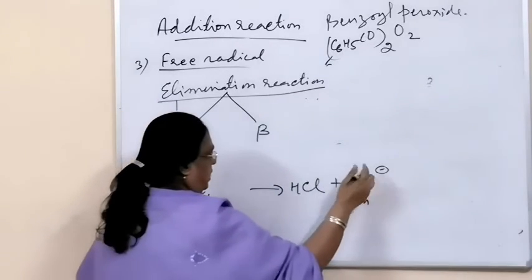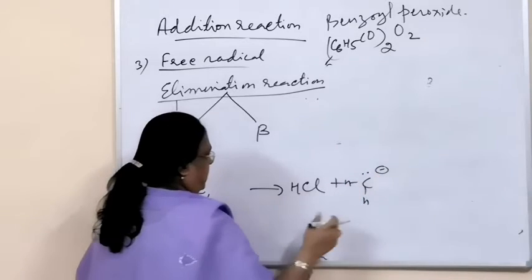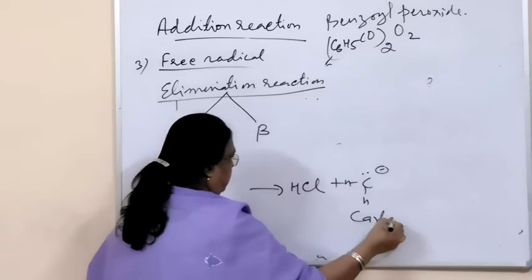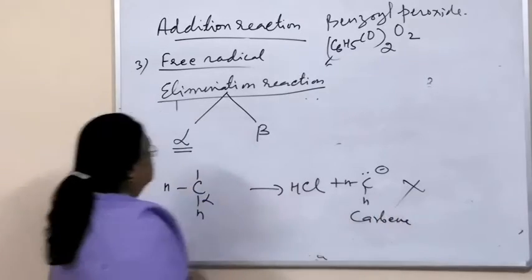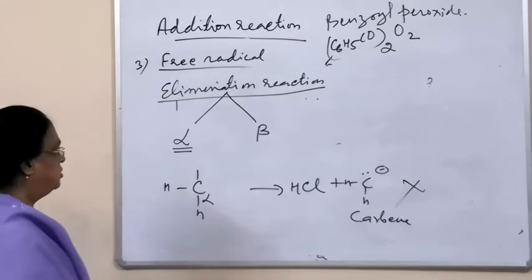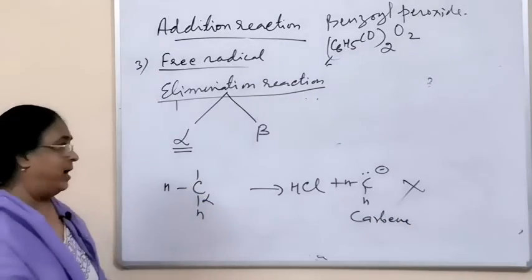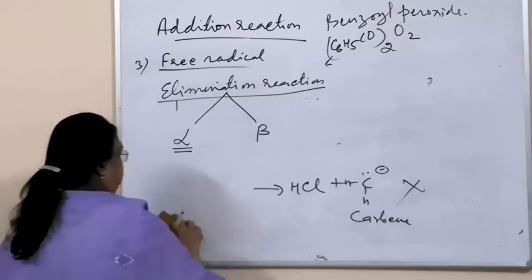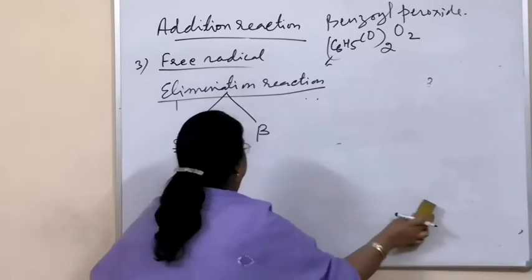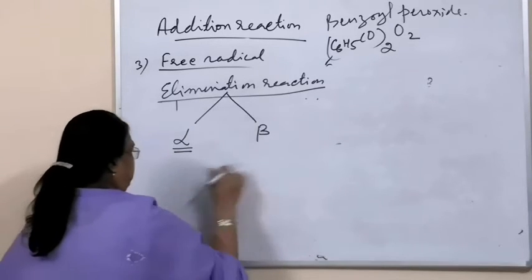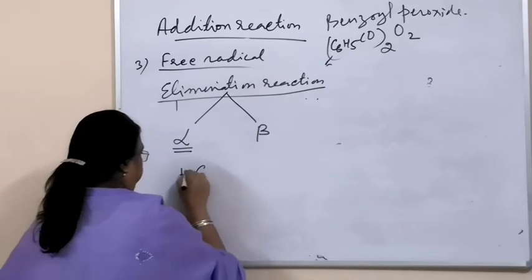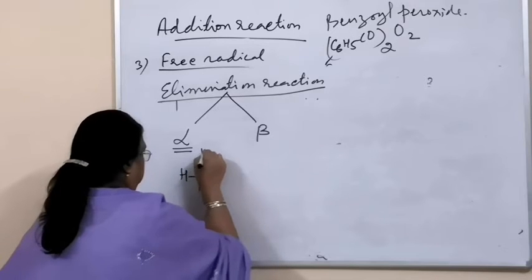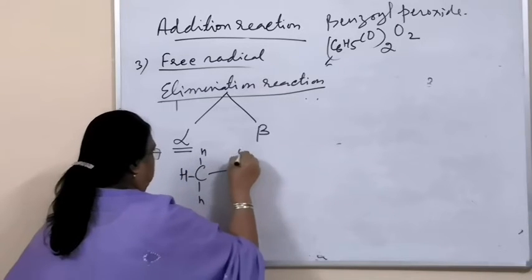That's why we show a lone pair and negative charge here. This is called carbene. This is not in your syllabus. Alpha elimination is not in your syllabus. It is very rare. When both atoms are removed from the same carbon, that is the alpha carbon, it is alpha elimination.